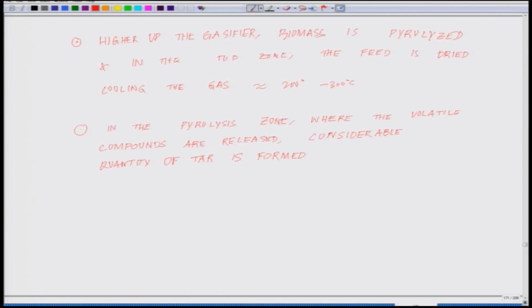which condenses partly on the biomass higher up, and this is a very interesting aspect. What does that mean?